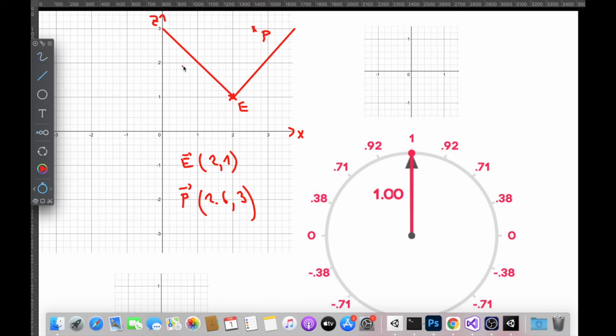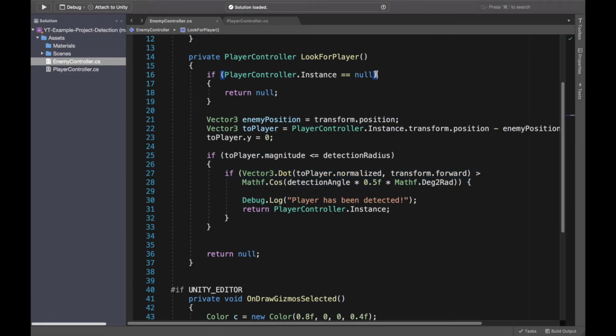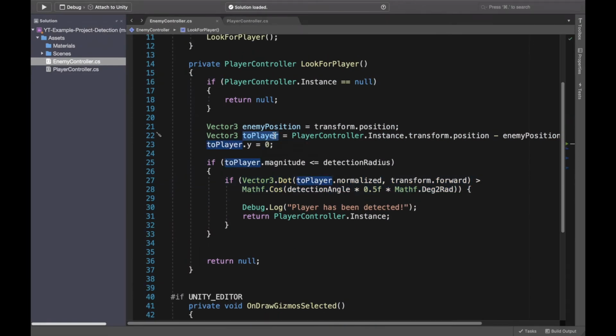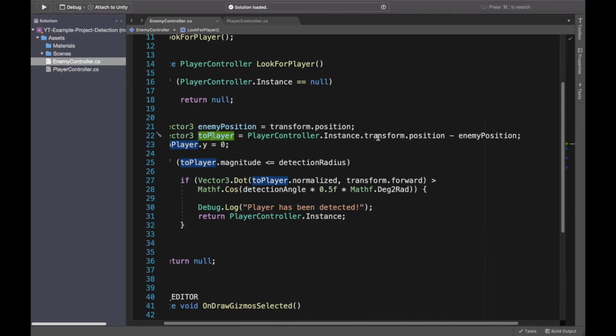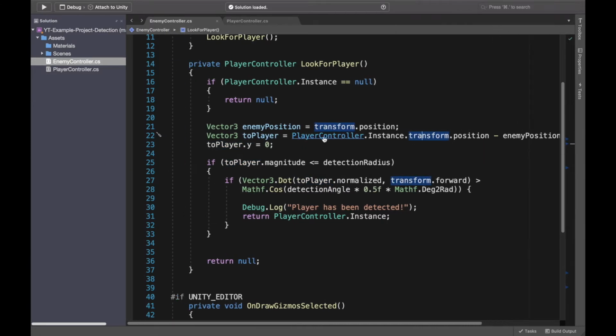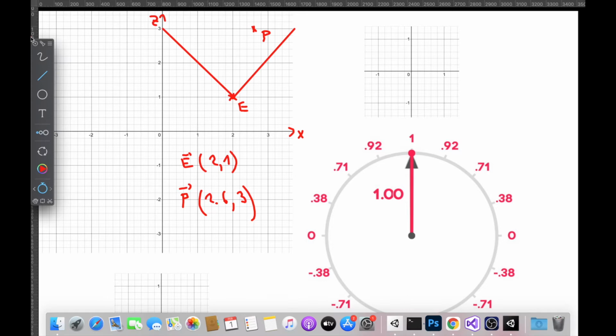All right, so let's take a look at the equations here. First we are getting toPlayerPosition. That's the position from the enemy to the player. You get toPlayerPosition with the player position minus the enemy position. I'll mark it here as TP position. That's the player position minus enemy position.